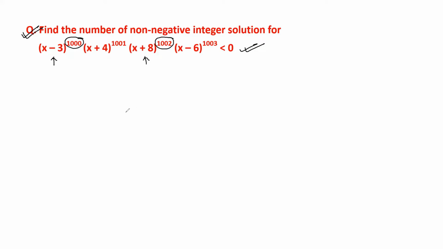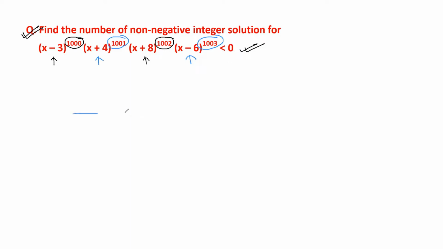So when we draw the number line, we won't consider the critical points from these two factors. But the factors x + 4 and x − 6 are raised to odd powers. So in the number line, we need to consider x = −4 and x = 6 as the critical points.